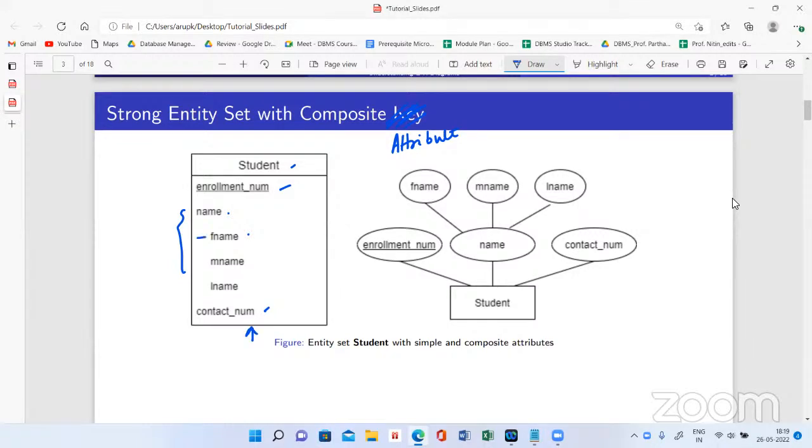We give a tab over here to represent the subparts. So name has three parts: F name, M name, and L name.